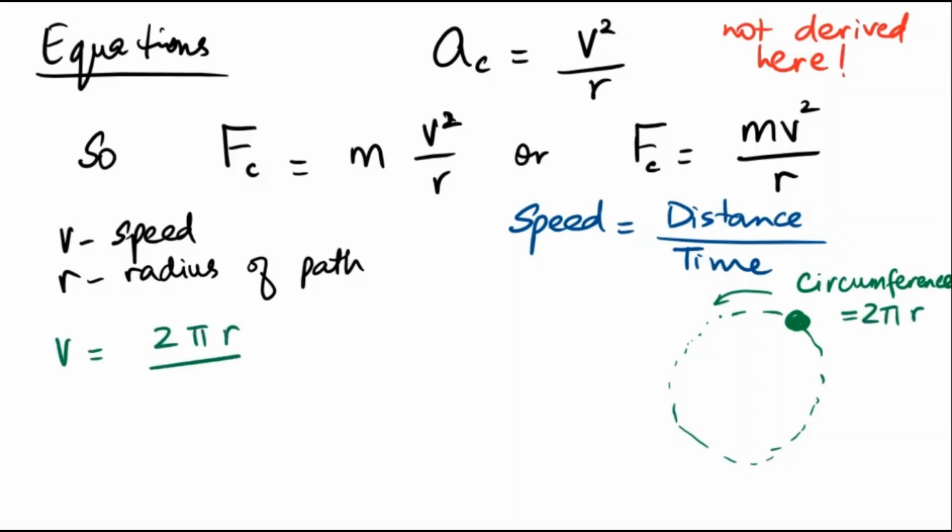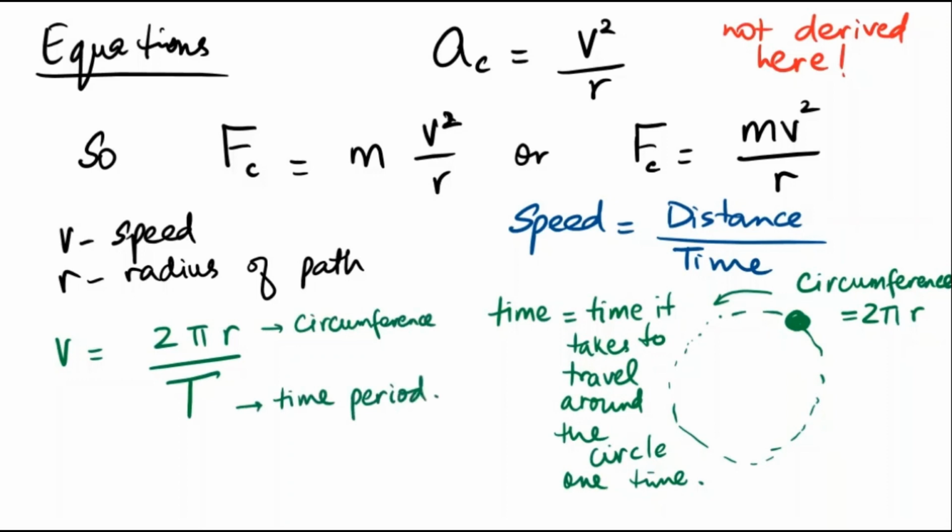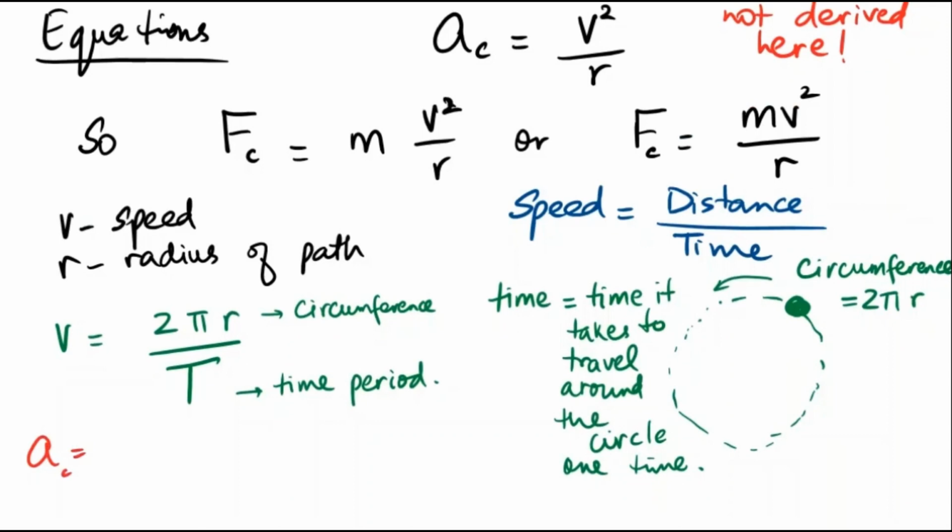Since we take the time for going around the circle one time, we call it the time period, or the time it takes to travel around the circle once. That's the time period term that we introduce with speed. I'm going to put it down as circumference, and this is called the time period. For the time period, we always have to figure out the time that it takes to complete one rotation around the circle.